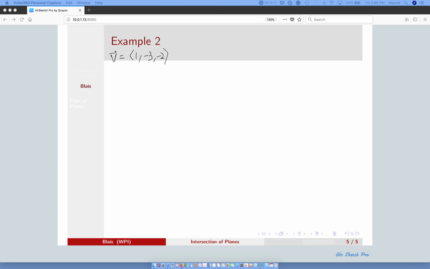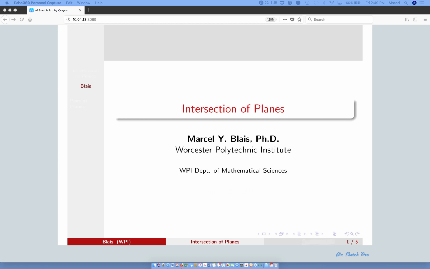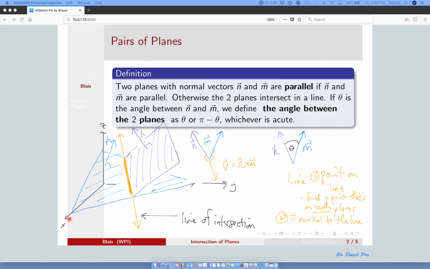And to find a point on the line, one approach that I like to take is that the line is going to intersect either the xy plane, the zy plane, or the xz plane. So one of these coordinate planes, xz plane, zx plane, or the zy plane.